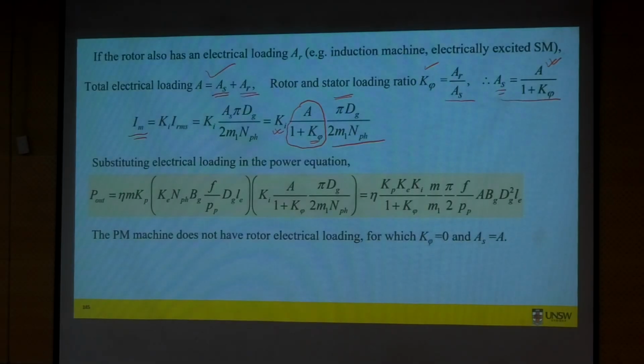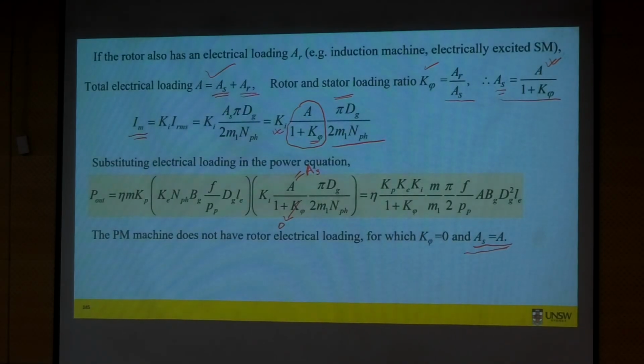For a PM machine, obviously we don't have rotor loading, so K phi is going to be 0. For PMSM, K phi is simply 0, and the stator current loading is the total current loading. So in the PM machine, this becomes simply 0, and A equals AS.